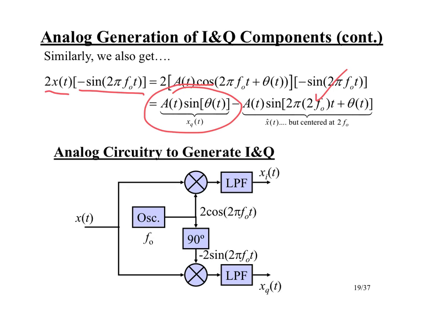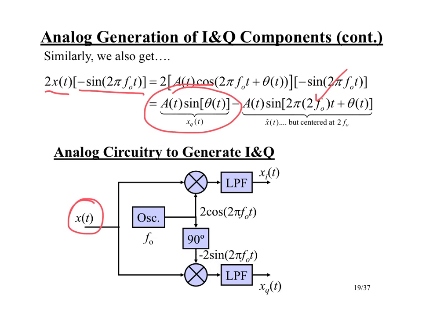So here's the structure, and we can actually build analog circuitry to do this. We have an x of t, so that would be coming in through our antenna and probably through an initial bandpass filter to just make sure that we're isolating just the band that we're interested in and eliminating any other adjacent channels or anything like that.